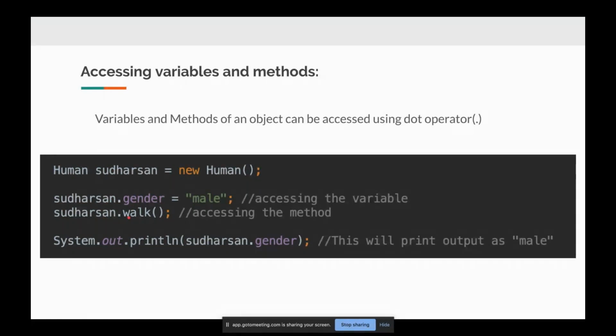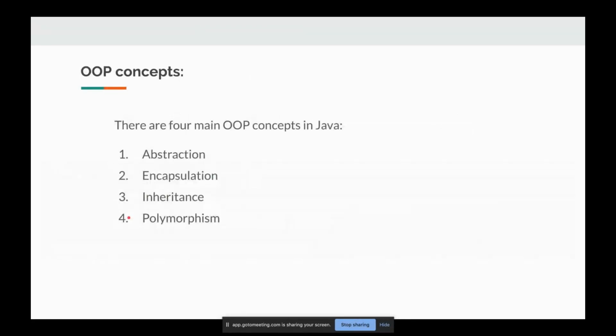Okay. So moving on, there is something called object-oriented programming concepts. These are some of the additional features available in object-oriented programming. This is not just for Java. These concepts are applicable to all types of object-oriented programming. They are data abstraction, encapsulation, inheritance, and polymorphism.